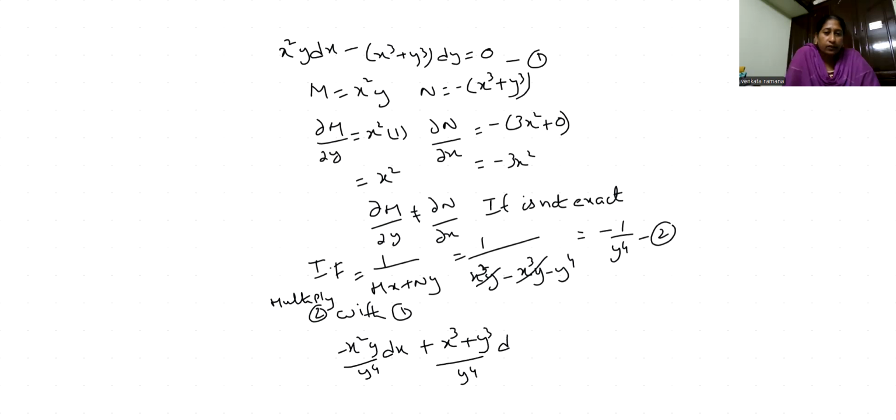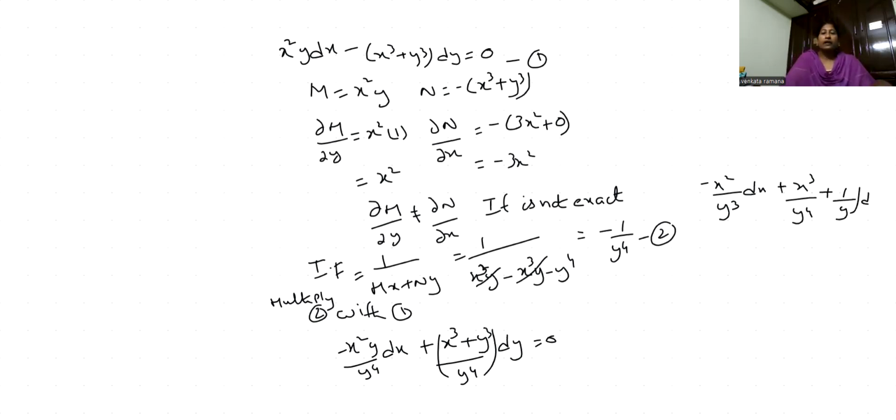Simplifying: minus x square by y cube dx plus (x cube by y power 4 plus 1 by y) dy is equal to 0.